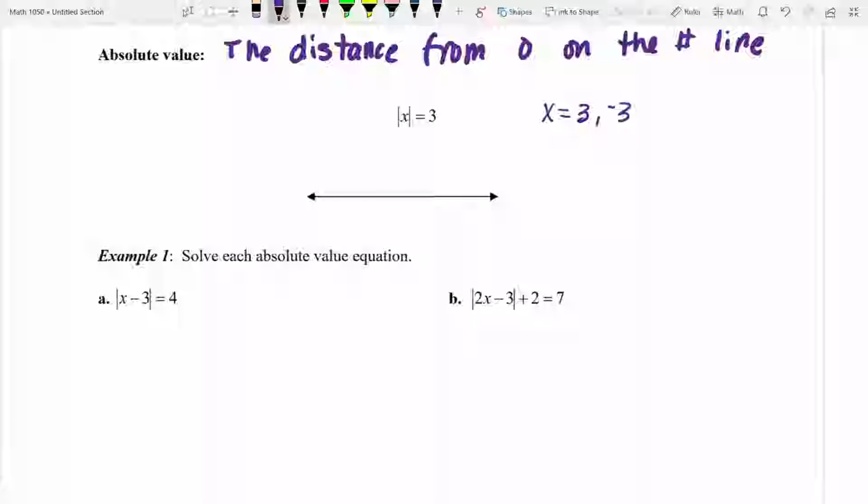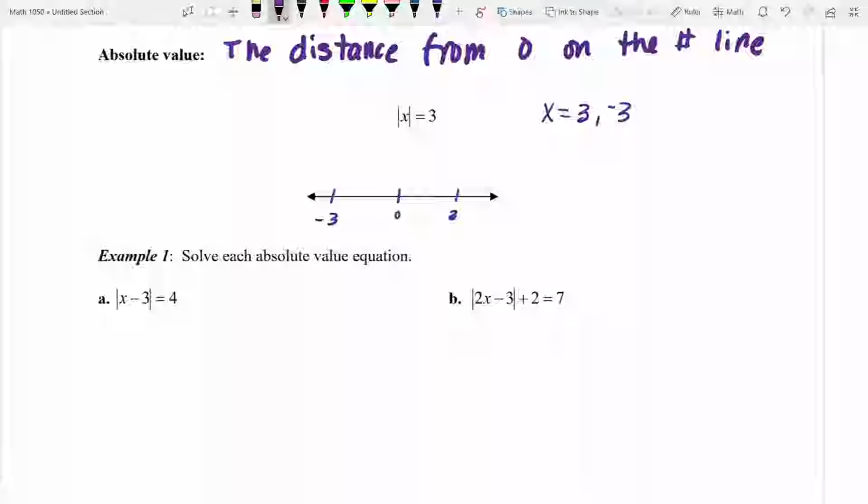Okay, so put a 0 right in the center. And then to the right, I want you to put a 3. And to the left, I want you to put a -3. Okay, so you really need to understand what the equation is saying, that absolute value of x equals 3. It's saying where on the number line is there a number exactly 3 units away from 0?